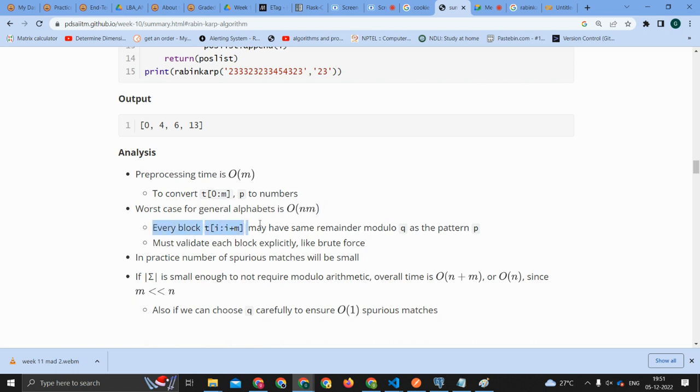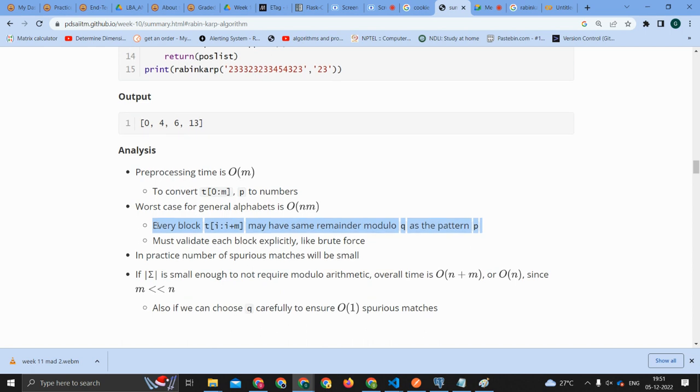Maybe they may have the same remainder modulo Q as the pattern. So they were saying it for alphabets. I don't know what the procedure for alphabets is.